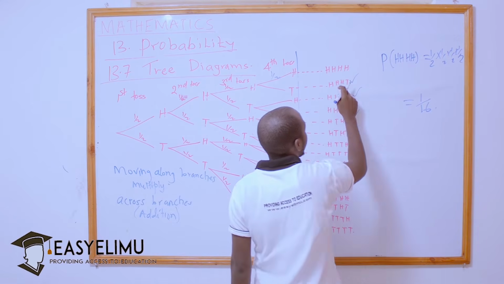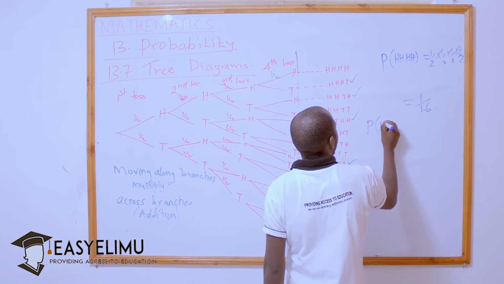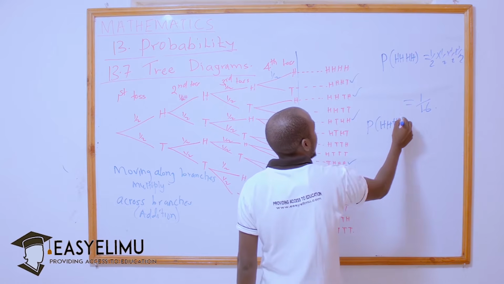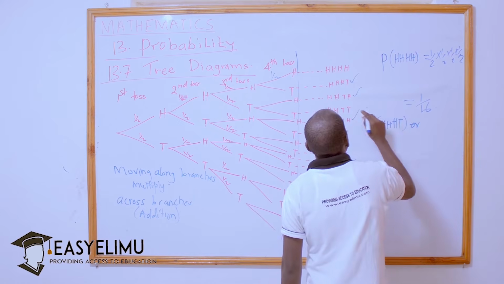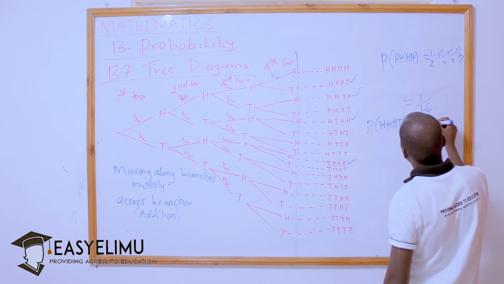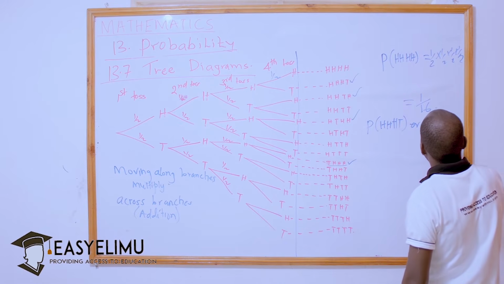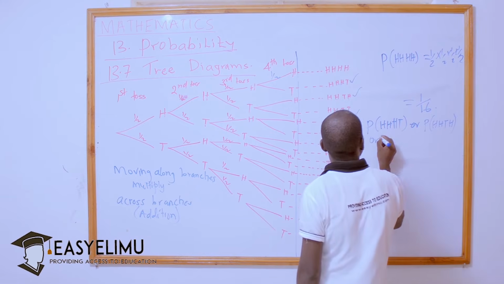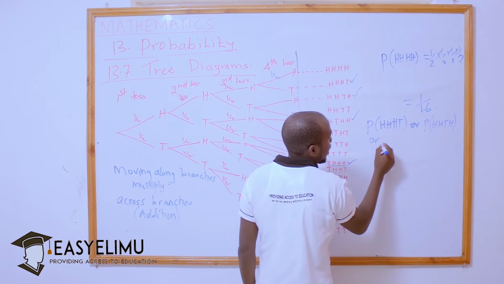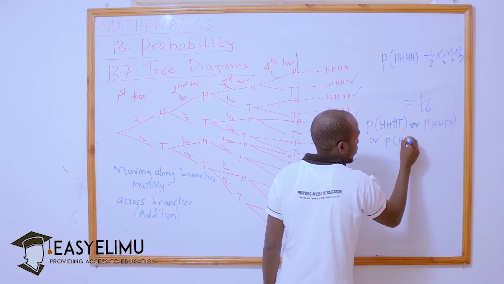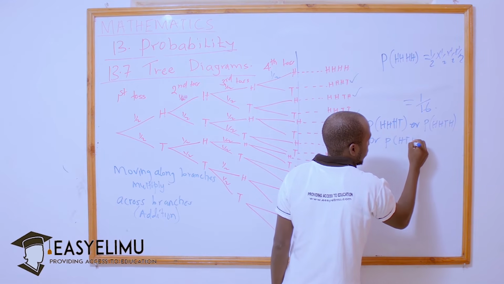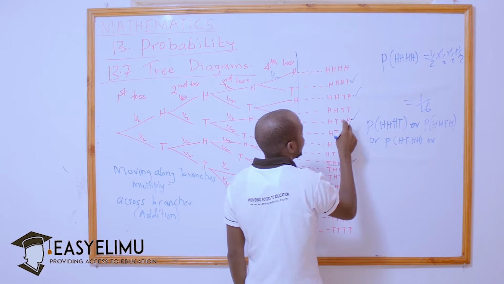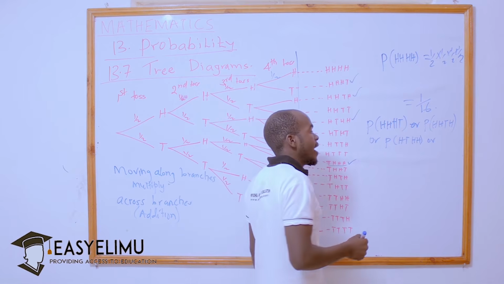So we shall find the probability of 3 heads and 1 tail: it will be the probability of head, head, head, tail, or head, head, tail, head, or head, tail, head, head, or the probability of tail, head, head, head.